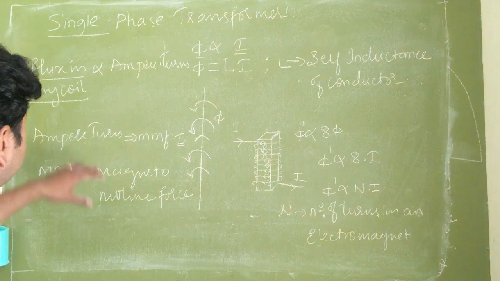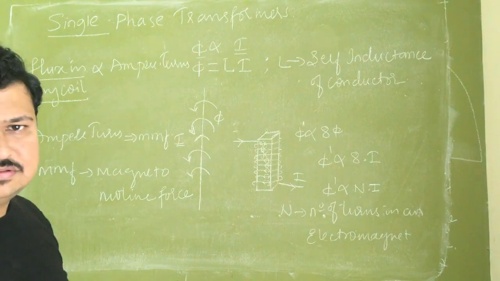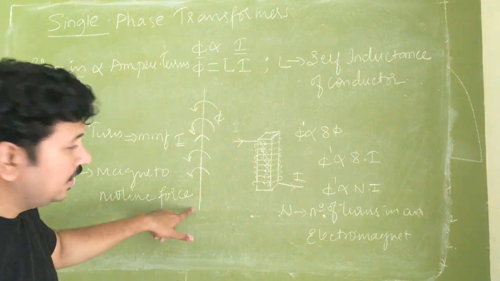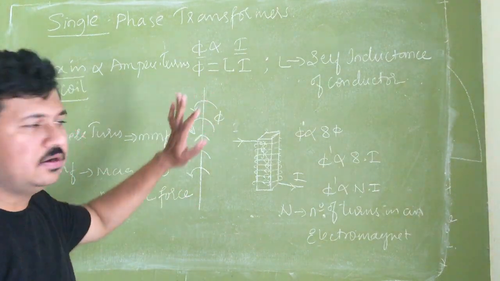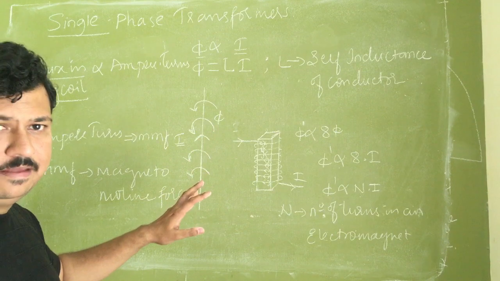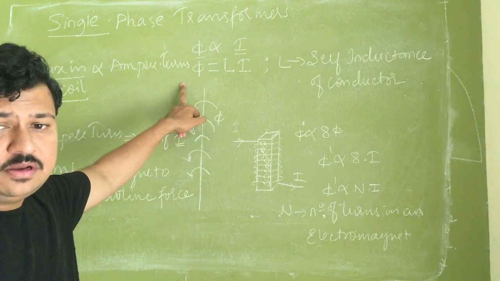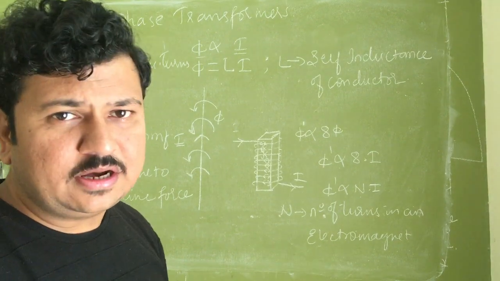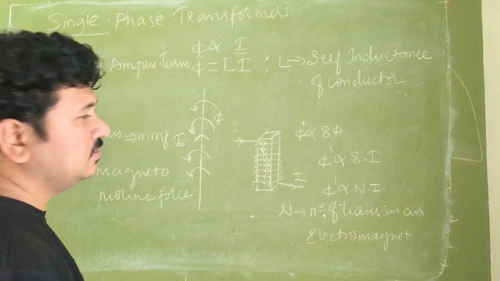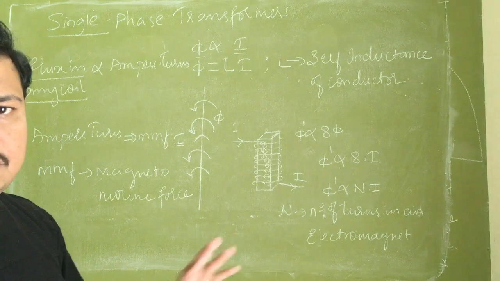Now if there are no turns, even if there is one conductor, it is one turn. Please remember, I can consider it as one turn. No turns means there is no conducting path for the current. Therefore, flux produced electromagnetically is 0.